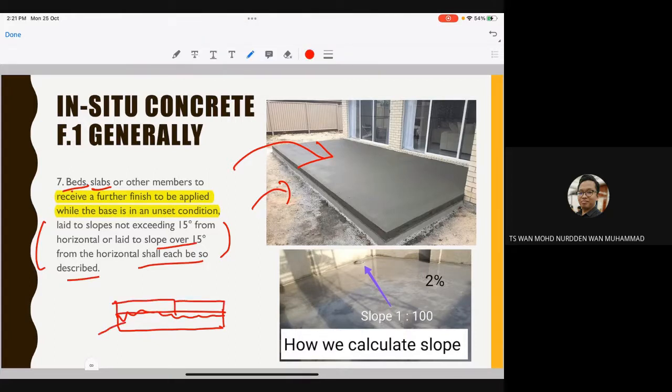So this is what they call this one lah, bed, slab or other members to receive a further finish. Further finish tu apa? Tiles. Example lah, marble ke apa. Okay. While the base is in an unset condition, laid to slope not exceeding 15 degrees from horizontal or laid to slope over 15 degrees from horizontal shall be so described. Okay.